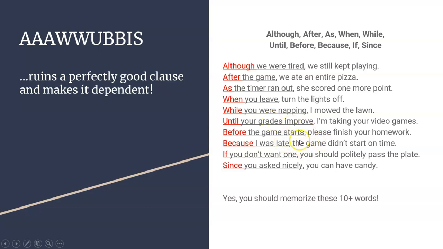So I have to add an independent clause to this dependent clause so that it sounds like this: because I was late, comma, the game didn't start on time. And it may sound kind of obvious as we're talking about it, but all students at some point end up with one of these fragments where they just pop a period on after a dependent clause and then accidentally end up with a fragment in their writing.